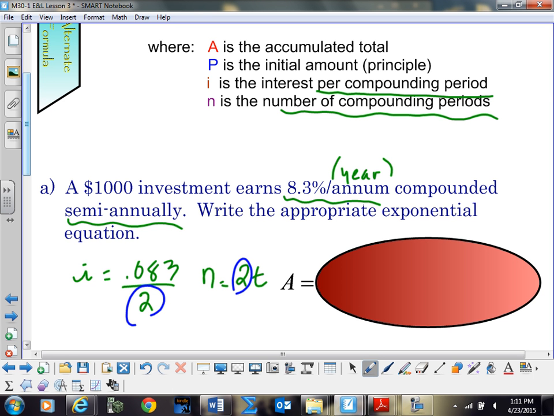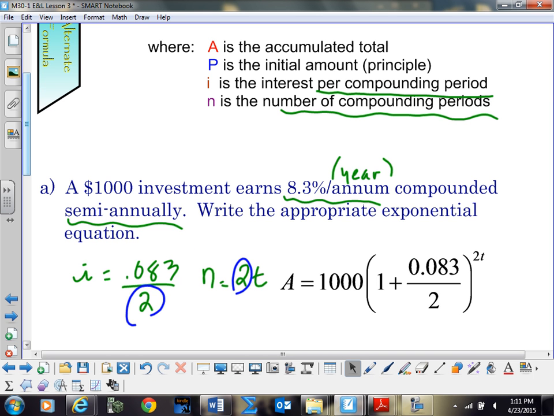If it was quarterly, we divide by 4 and multiply by 4. If it's monthly, we divide by 12 and multiply by 12. So in your formula, the initial amount, starting with $1,000, these are the values that always match up. And it's increasing with the compound interest. We start with 1 plus because it's increasing by this percentage.